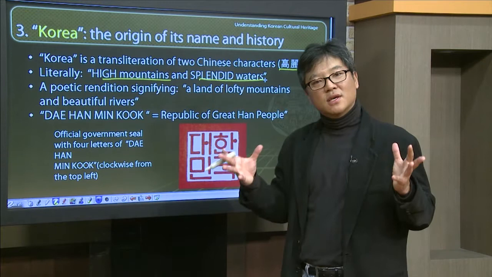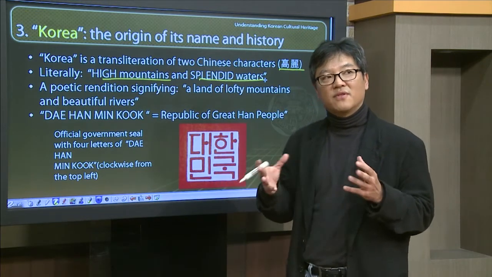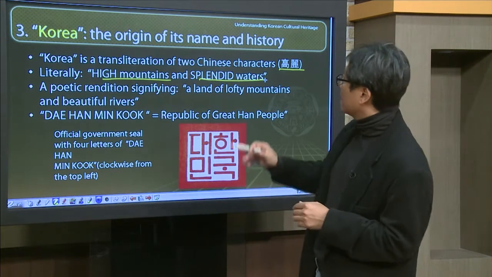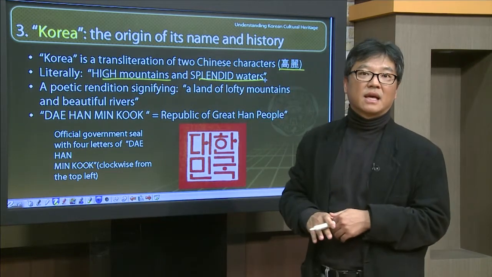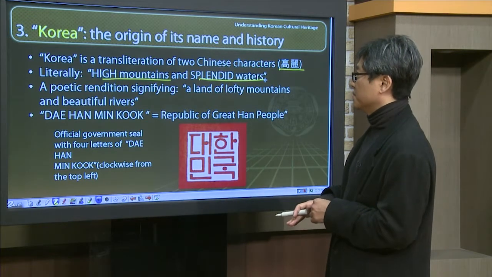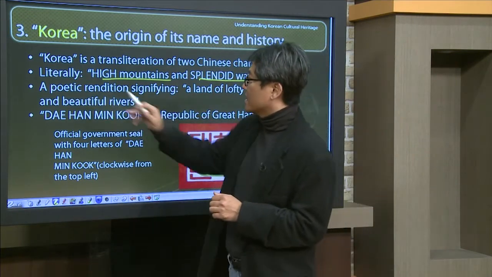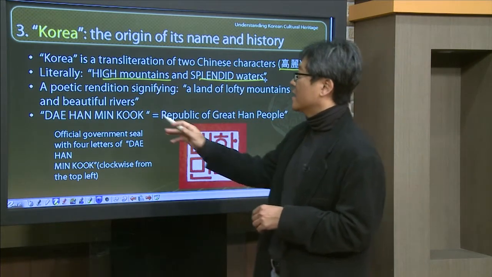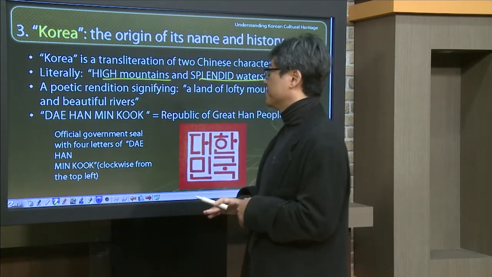So again, it creates such diversity in regional cultures. This term quite nicely reflects the geographical features of the nation, and it also sounds very poetic. It's a land of lofty mountains and beautiful rivers.